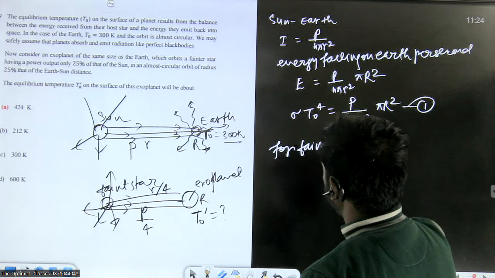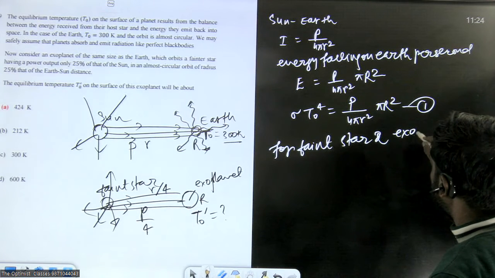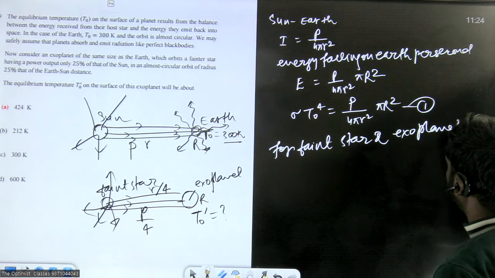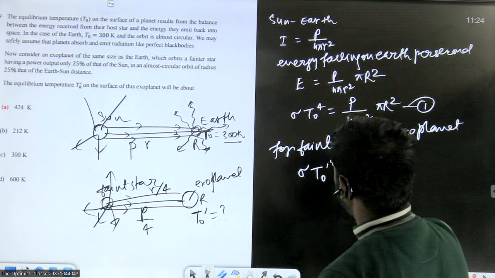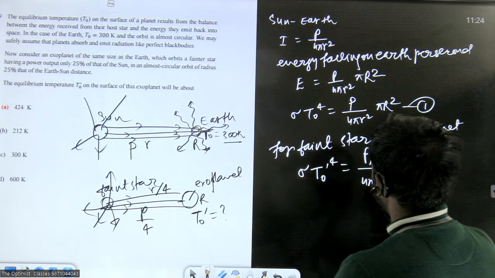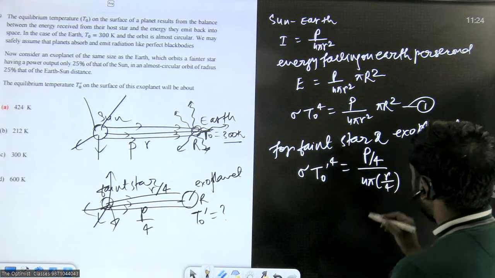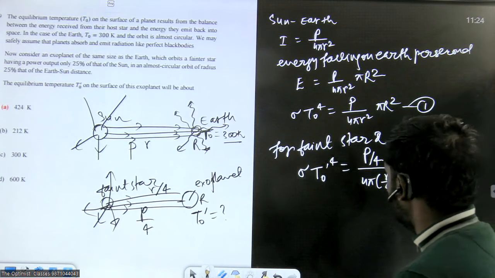Now for the faint star and exoplanet, we have this kind of situation. Sigma T naught prime to the power 4 is equal to, here power is P by 4, and 4 pi, and this distance is R by 4 whole square, and its area is the same as Earth's area, so this factor will remain the same.